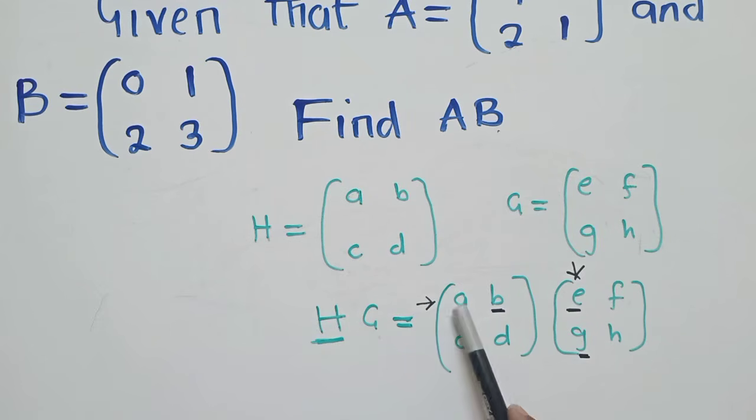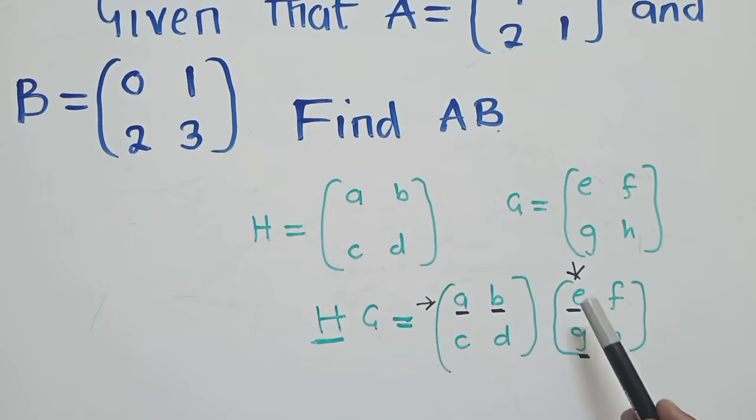So if you see, this is 1, 2, so even here it's supposed to be 1, 2. This is the row. The number of entries in the row, 1, 2, must be equal to the number of entries in the column here, 1, 2.